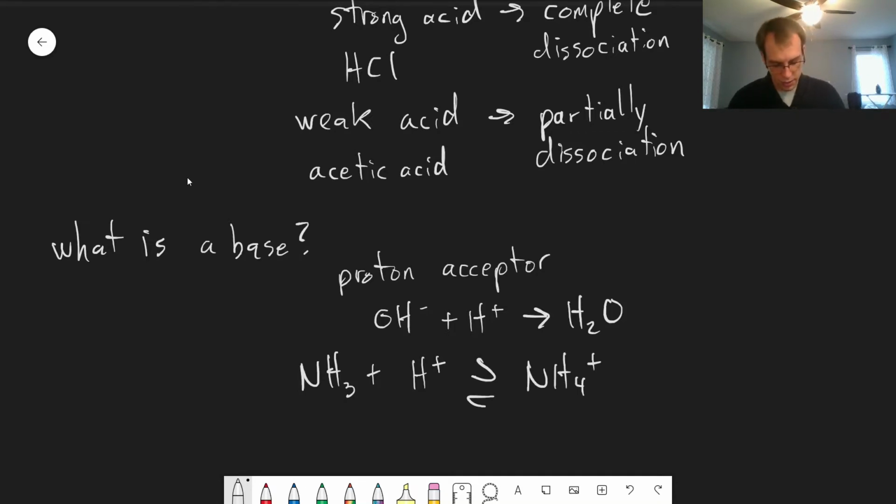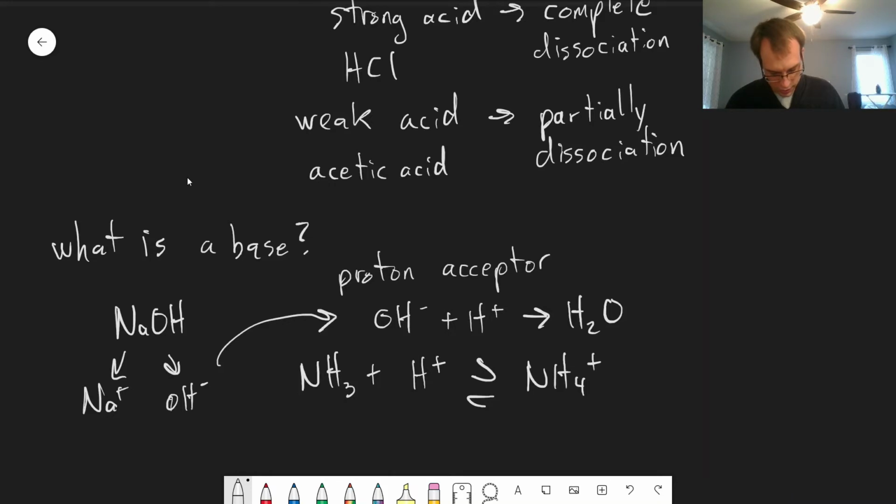And many bases are things that dissociate and form hydroxide. For strong bases, something like sodium hydroxide will dissociate completely into sodium and hydroxide ions, and then hydroxide is a strong base and will react with any protons, accept them, and form water. Okay, so a base is a proton acceptor, an acid is a proton donor.